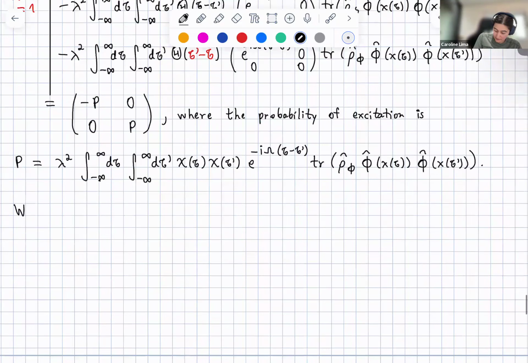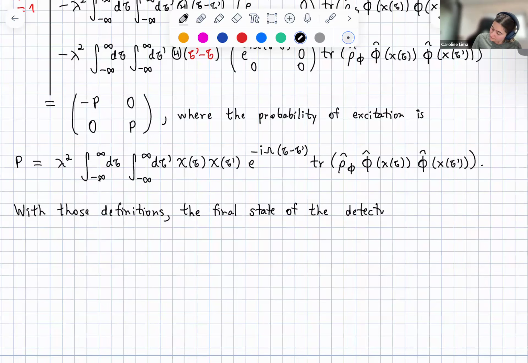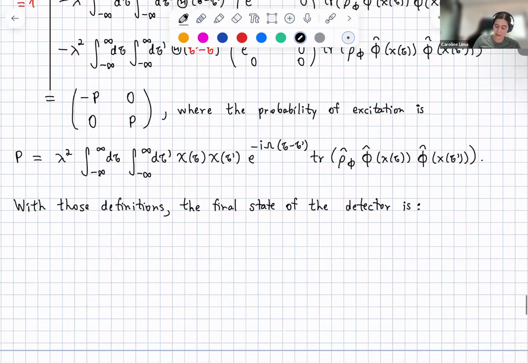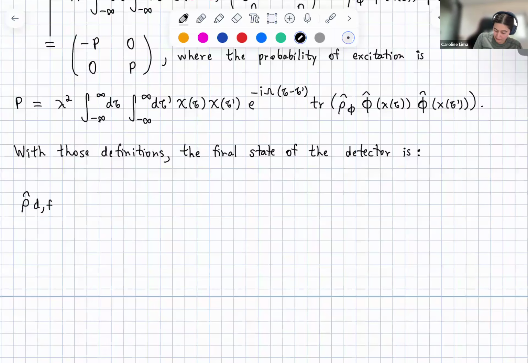Okay, so with all of these definitions, the final state of the detector is going to be: the final state of the detector, 1 minus p, then I had a c star, a c, and p, right?